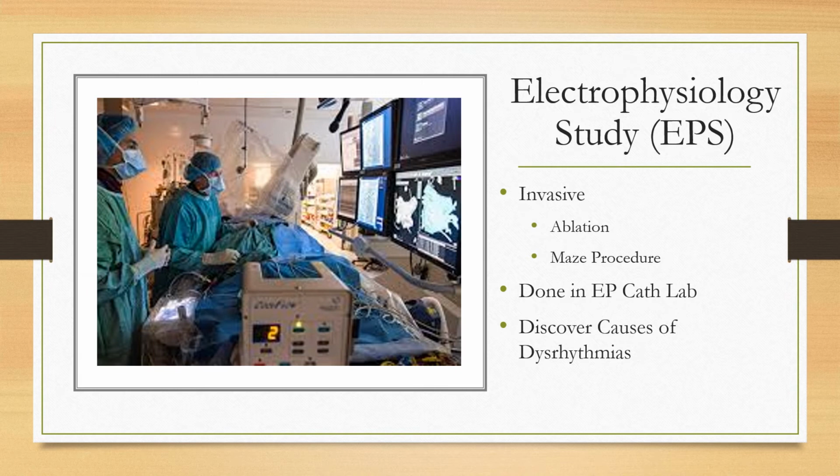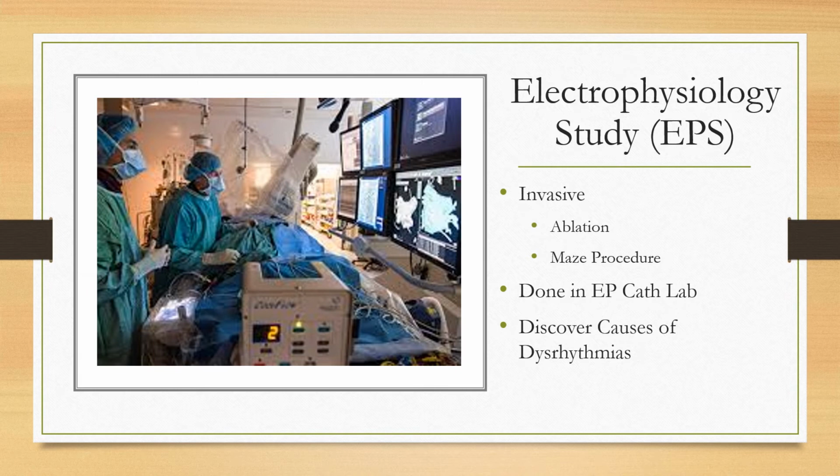Okay, so this lab is used to diagnose and map out in the nerves of the heart where the abnormal rhythm is coming from. Okay, so it's actually a pretty complicated process. So people that work in the EPS lab know all about the nerves of the heart in great detail.